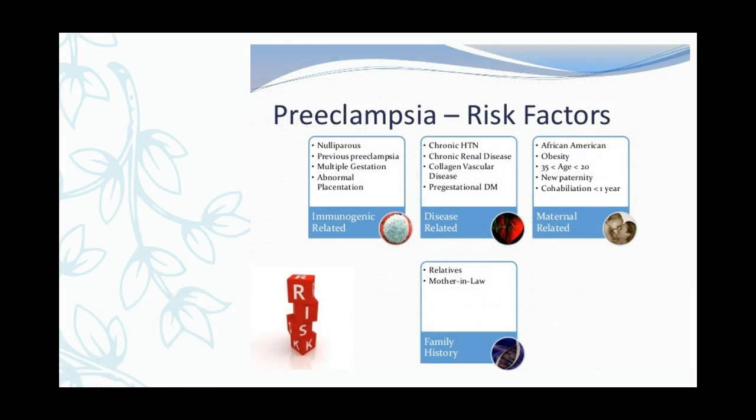So here are your risk factors for preeclampsia. People who have never been pregnant, previous preeclamptic individuals, people with multiple gestational pregnancies, or people with abnormal placentation, so people with abnormal placentas. Those are immunogenic-related risk factors.